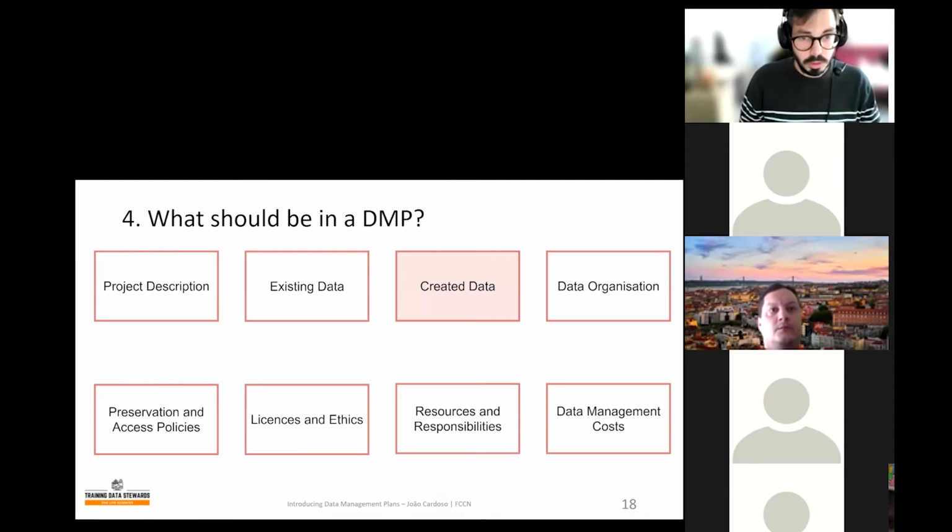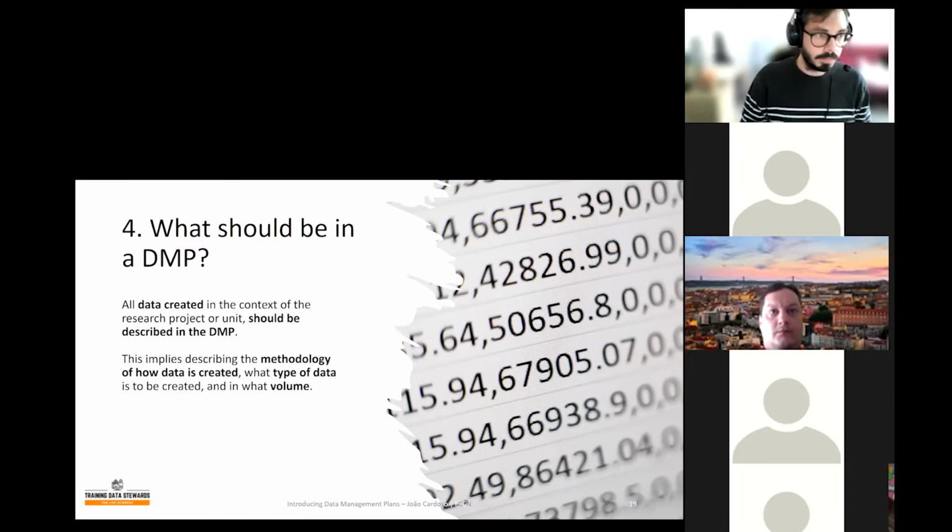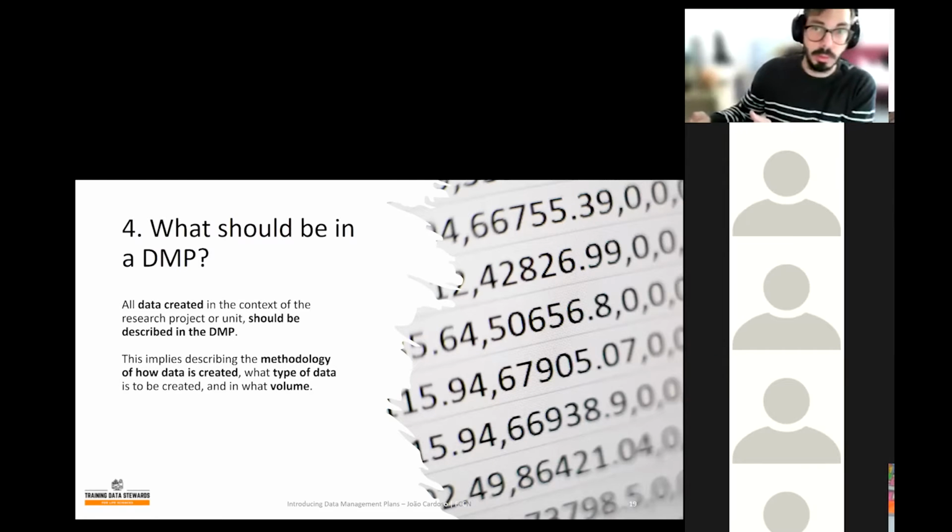Then we move on to created data. So data that we will be creating or generating throughout the project. And again, all of this created data should be described within the DMP, and this means not just a generic description, as the DMP should be perceived as a living document that accompanies the project from its onset to its inevitable end.